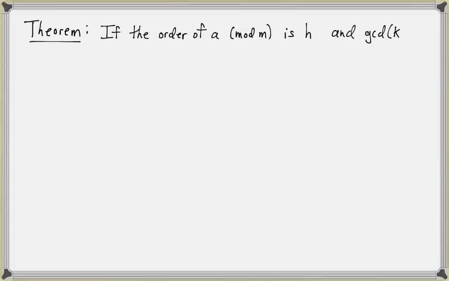If the order of a mod m is h, and the greatest common divisor of some integer k and h is d, then a to the power k will have order h divided by d.